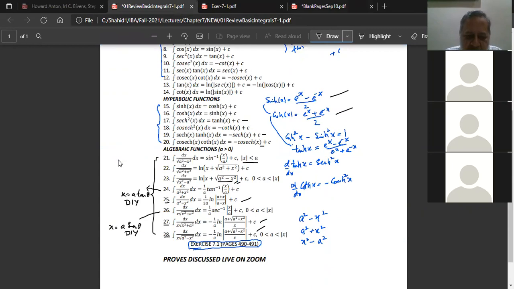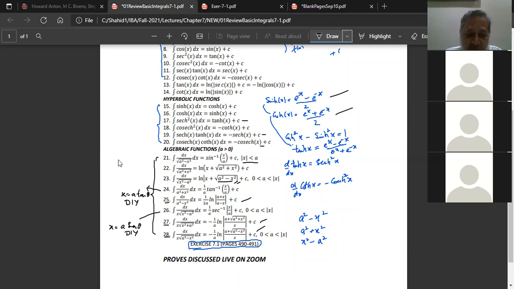इसमें a पहले लिखा है, square root बाद में लिखा है, but that doesn't mean anything. Now 25 and 27. In 25, you can work with x is equal to a sine theta. In 27, you can work with x is equal to a tangent theta.